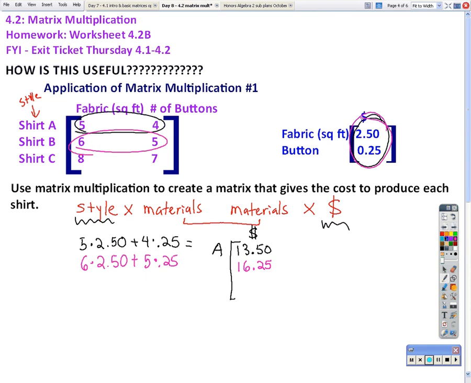And then our last one, if we do 8 and 7 times our prices, that's going to give us 21.75. So what we've done using matrix multiplication is we've created a matrix that gives us the prices of our 3 shirts A, B, and C.